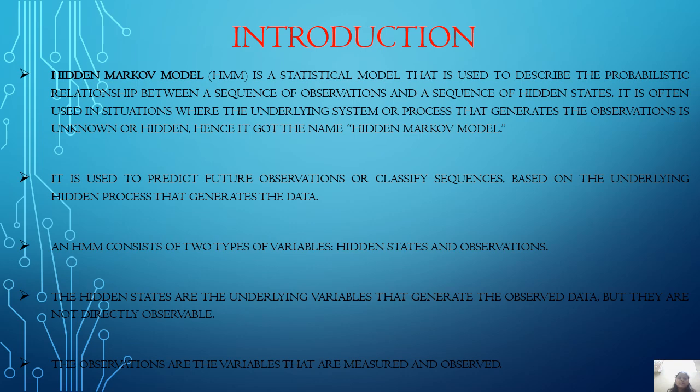So basically, it is a statistical model where we can tell the probabilistic relationship from the sequence of observations and the sequence of hidden states, and we can use this system to generate the observations, and it is also known as hidden. So therefore it is called hidden Markov model.